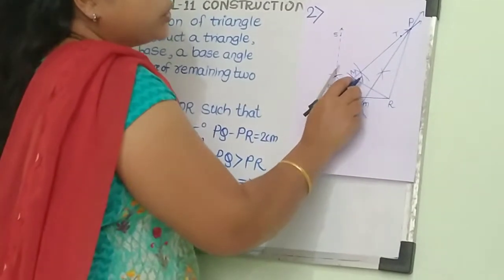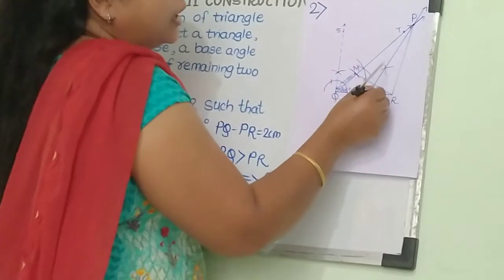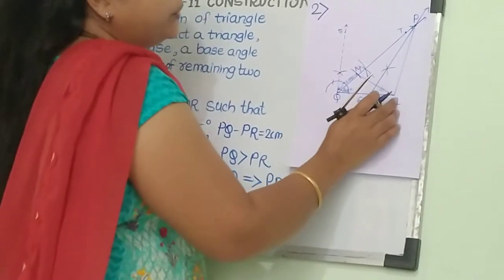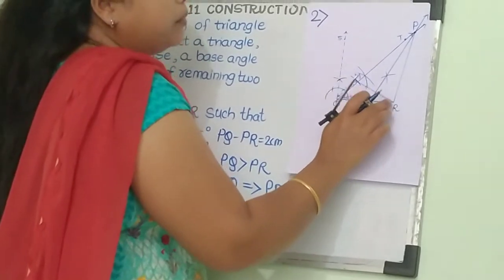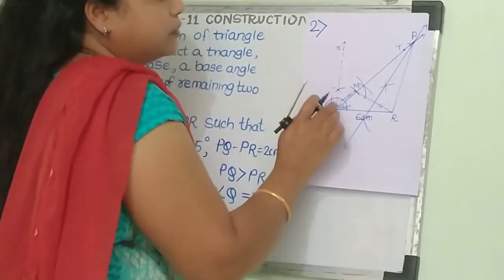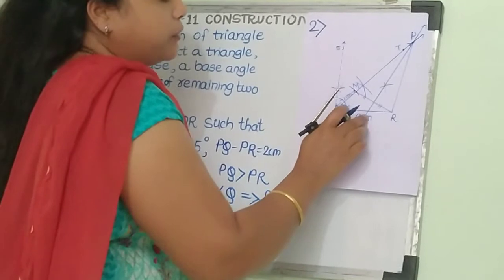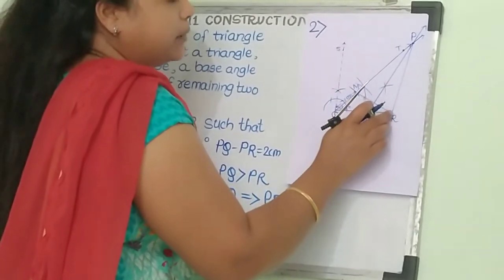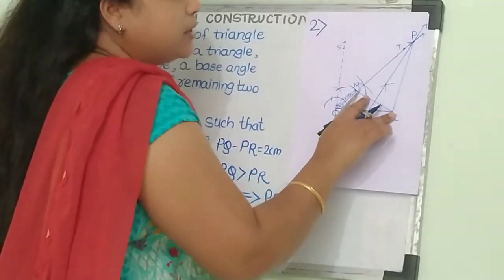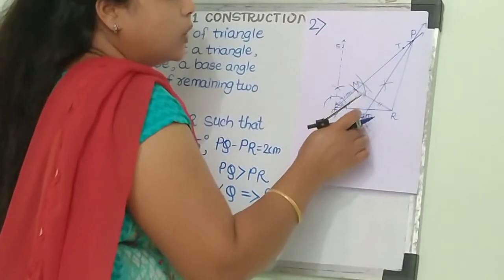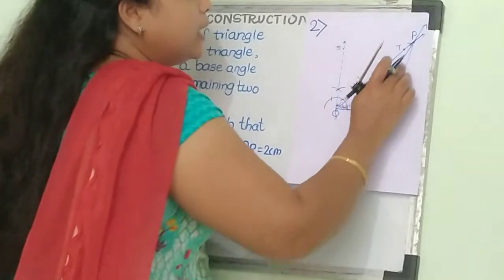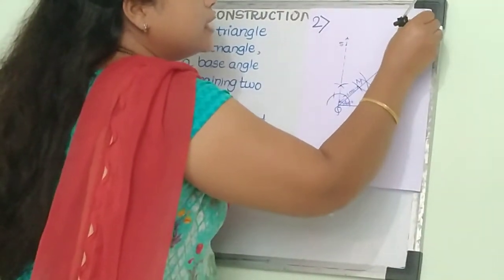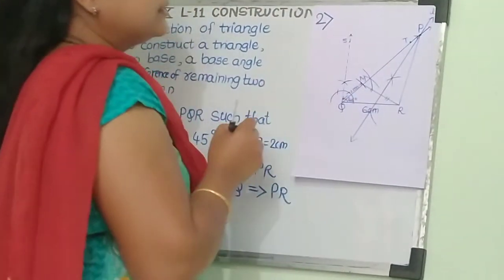Then I am going to join MR and we are going to draw the perpendicular bisector of MR. So for perpendicular bisector of MR, we are taking more than half distance and mark the arc on both the sides, and we are going to draw the line passing through both the arcs.